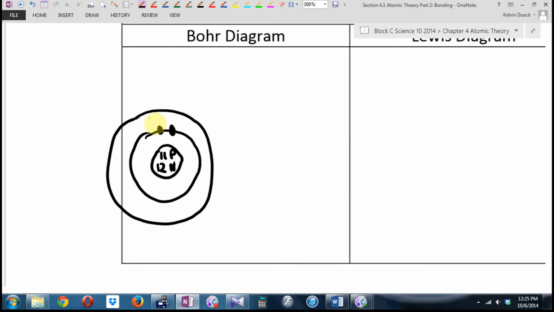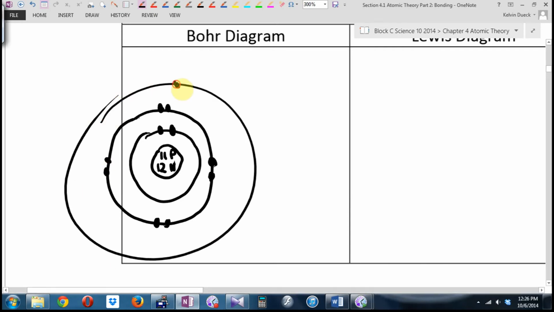Now, look up for a second, folks. Don't write this down. Technically, it's 1, 2, 3, 4, pair, pair, pair, pair. But if you know it's full and you just go 2, 2, 2, 2, you go ahead. I'll always do the circle just to remind you that we're pairing them up. Now, if this was an atom, I would do that and I would say, woohoo, but it's an ion, it's gotten rid of that.